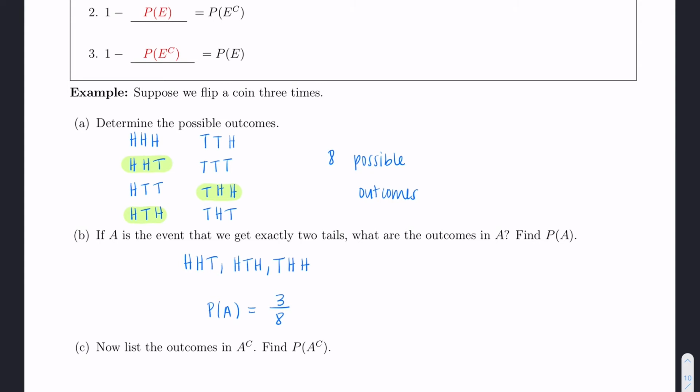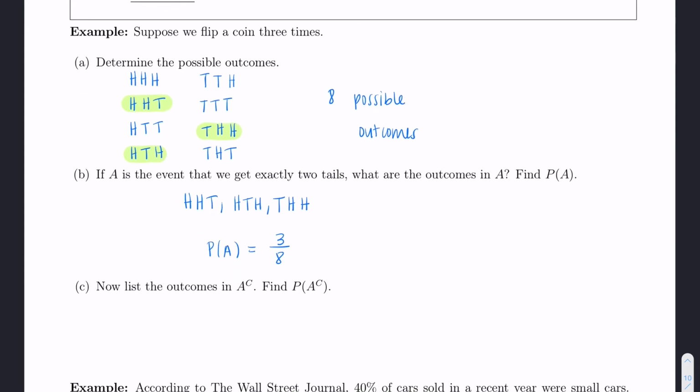Now list all of the outcomes in the complement of A. Here, the complement is basically going to be all of the events that I did not highlight. So we can list them out real quick: HHH, HTT, TTT, THT, and TTH.